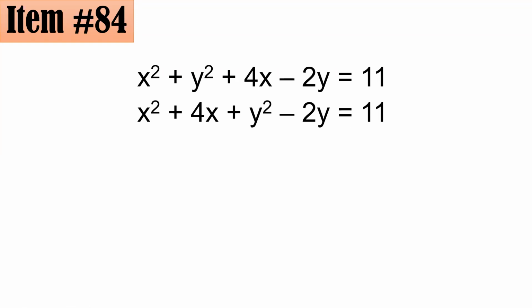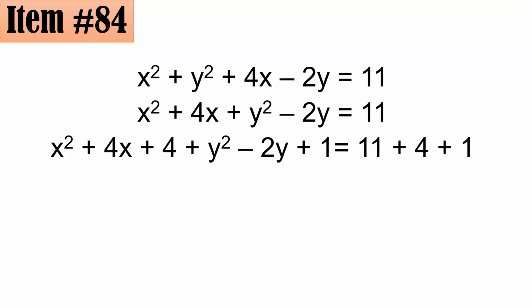Then, I do agree with Sir Chad, no? We will now be doing what we call completing the square. And take note, since the numerical coefficients of x squared and y squared are both equal to 1, to complete the square, di ba? Kung ano yung coefficient ni x dito, divide mo by 2, then square.